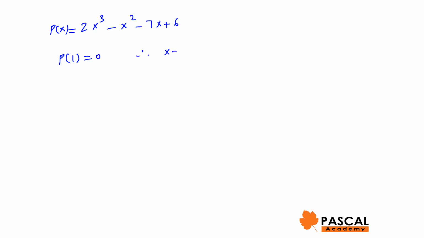Therefore, x - 1 is a linear factor of p(x). p(x) can be broken down as (x - 1) times a quadratic polynomial. We can find the quadratic polynomial by dividing p(x) by x - 1 and finding the quadratic.